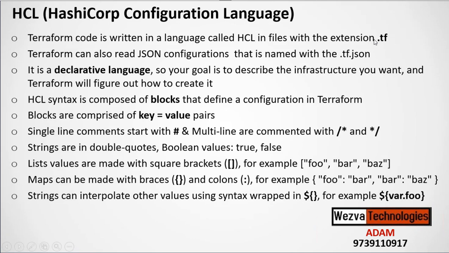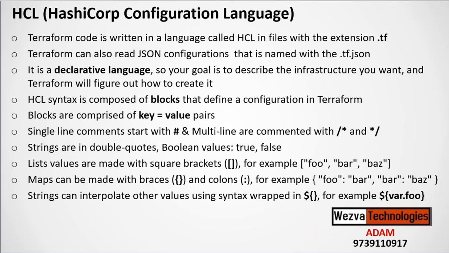That indicates that this is a Terraform file inside which there is syntax written in HCL. Remember, you are going to store the file with the extension. How many files? We can create multiple files, it doesn't matter. Internally, this is a declarative language because you are just going to tell it your desired infra and Terraform will manage it.